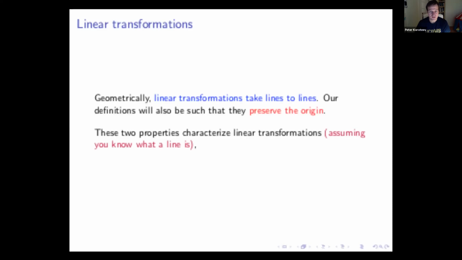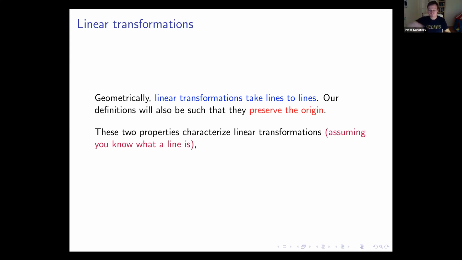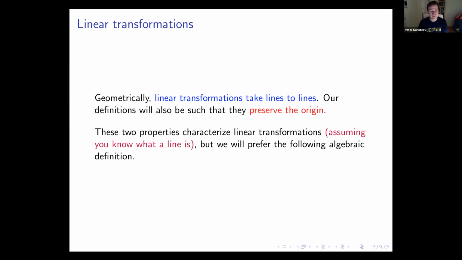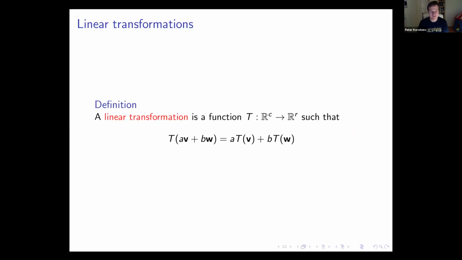We know how to parameterize lines in terms of parametric coordinates, but nevertheless, let's define it algebraically. So here's the definition: a linear transformation is a function from RC to RR.